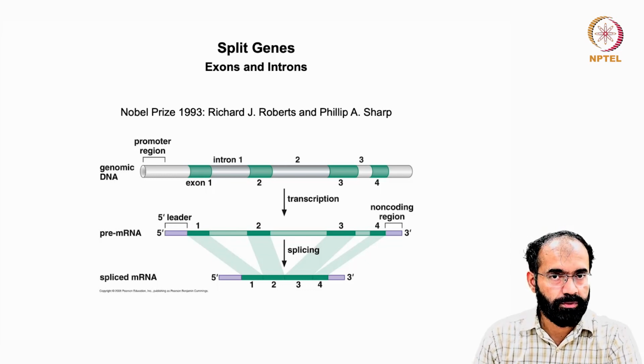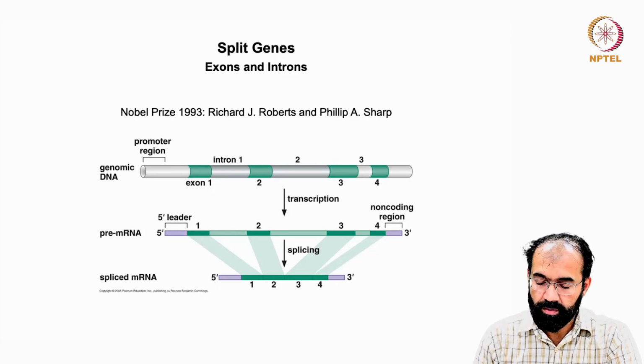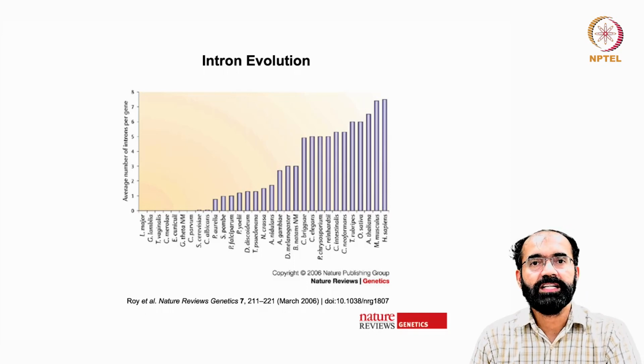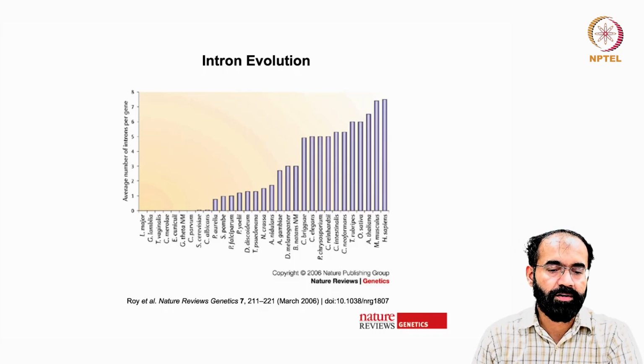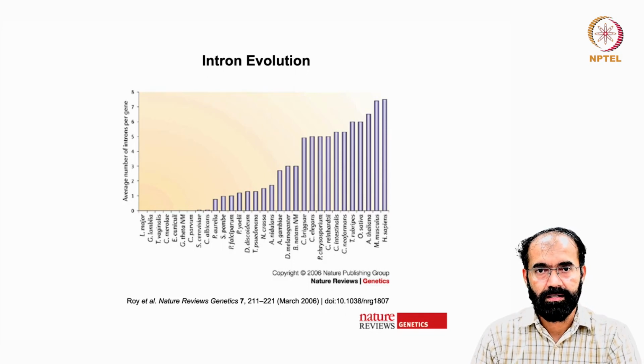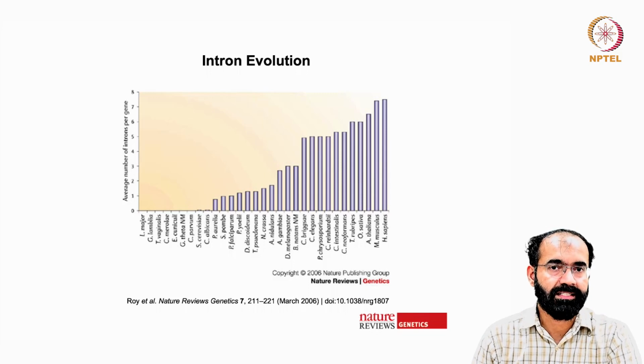Before going into those directions, we will try to follow the evolution of introns. Intron evolution is a very interesting topic because, as the name itself indicates, an intron is basically an intervening region or an intruder sequence, which is introduced as a nuisance in the first appearance, but the actual truth is it is not a nuisance.